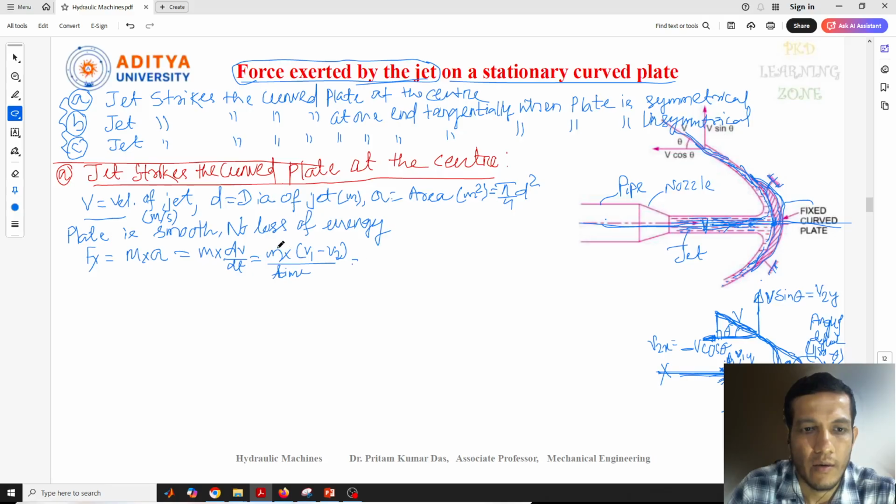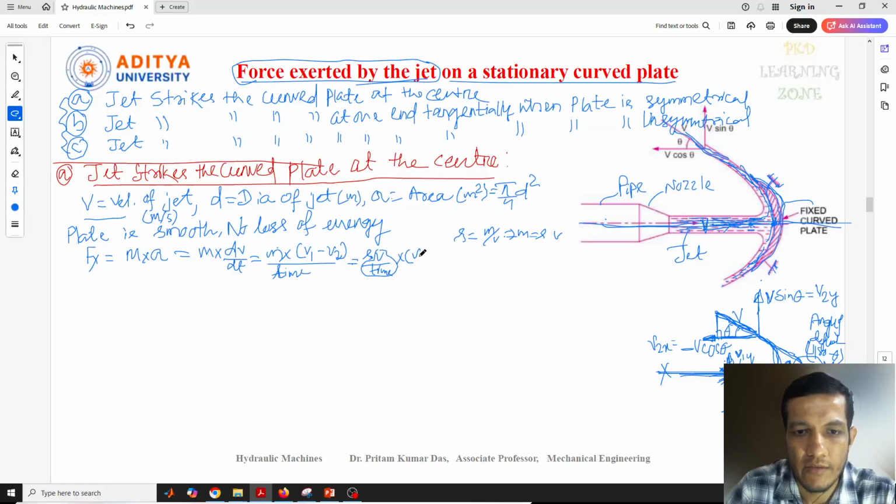Mass per time: in place of mass we know that rho equals mass by volume, so mass equals rho into volume. So I can write rho V by time, and this is volume by time, times the velocity difference.